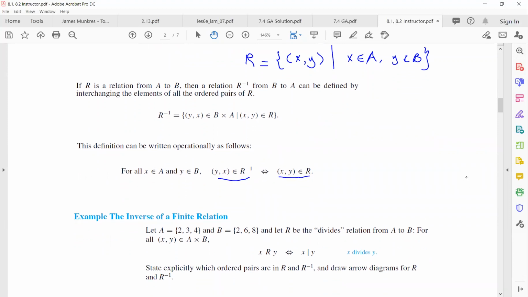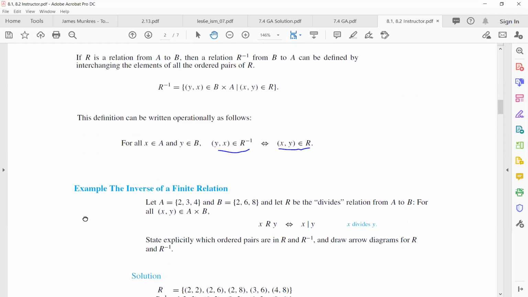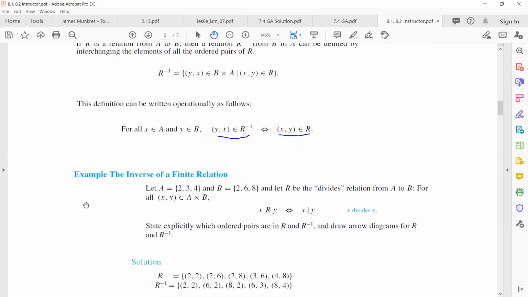Let's go over one example, see what's going on. Suppose A is a set including 2, 3, 4, B is a set including 2, 6, 8, and R, the relation divides from A to B. So X is in relation with Y if and only if X divides Y. The question says, form all ordered pairs that satisfy relation R and its inverse.